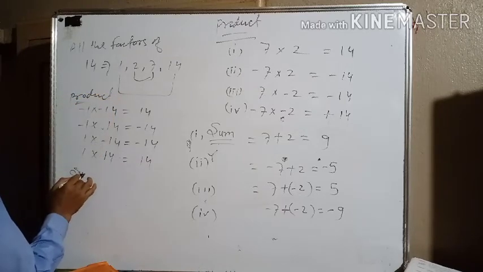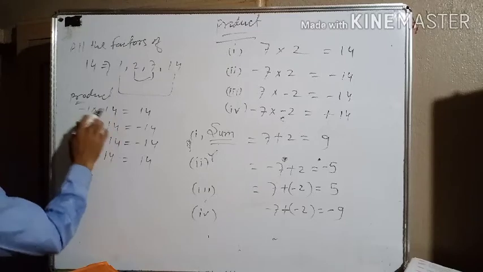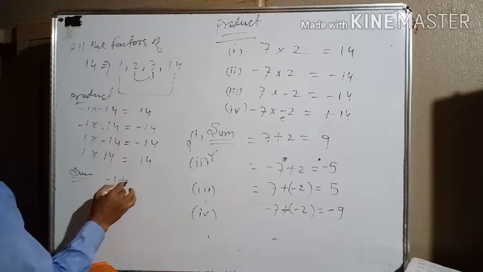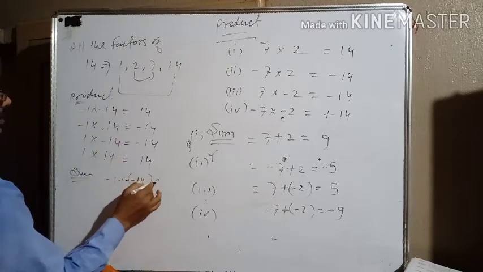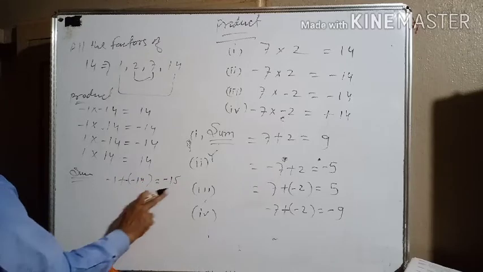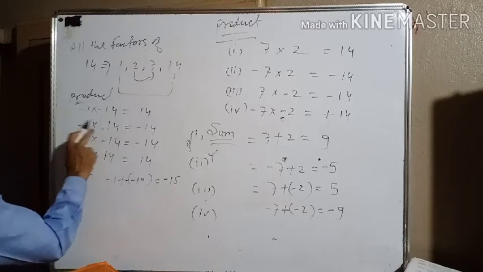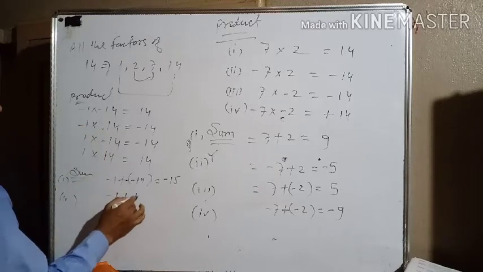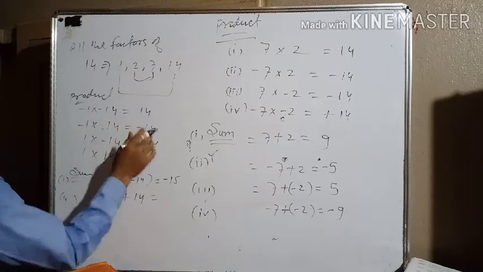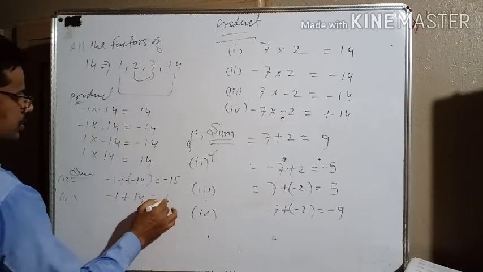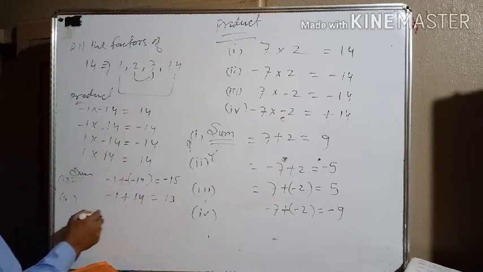If you want the sum, what do you get when you are taking both negative, -1 plus -14? In this case, you get -15. Sum will be -15 in the first case. In the second case, what will be -1 plus 14? When you subtract here, you will get 13. Next question.